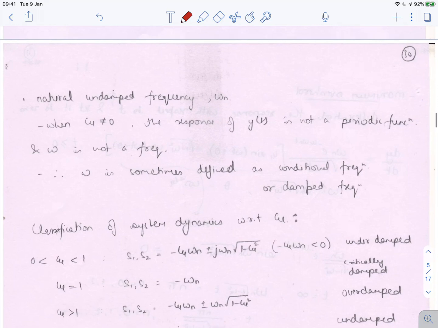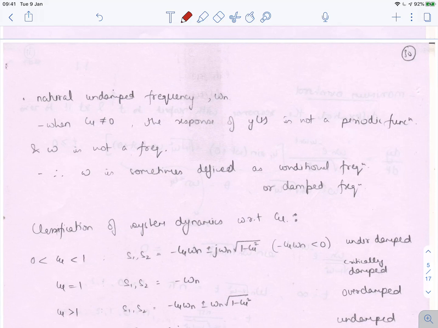So we had seen the significance of xi as the damping ratio which controls the damping of the system. Now there was another parameter which we define as omega n, and we define it as the natural undamped frequency.